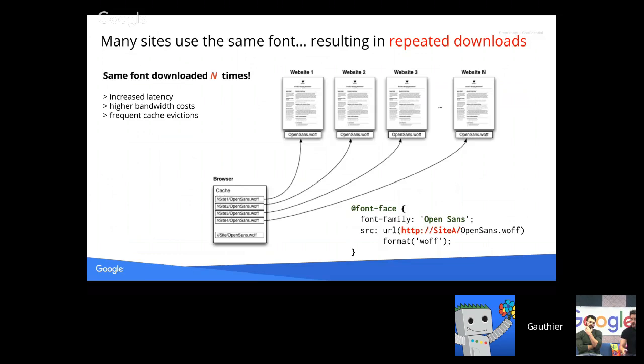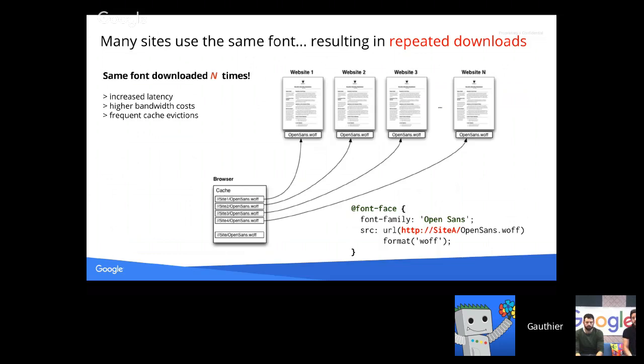If you don't load the Google font, let's stick with the example of Open Sans, you can use the link that's provided by Google and load it through that link onto your site, or you can host the font yourself and then load it. The problem if you load it yourself is that even if a user visits your site who has visited another site that used Open Sans before, they will still have to re-download it, because the browser doesn't recognize that this font is already in the cache.